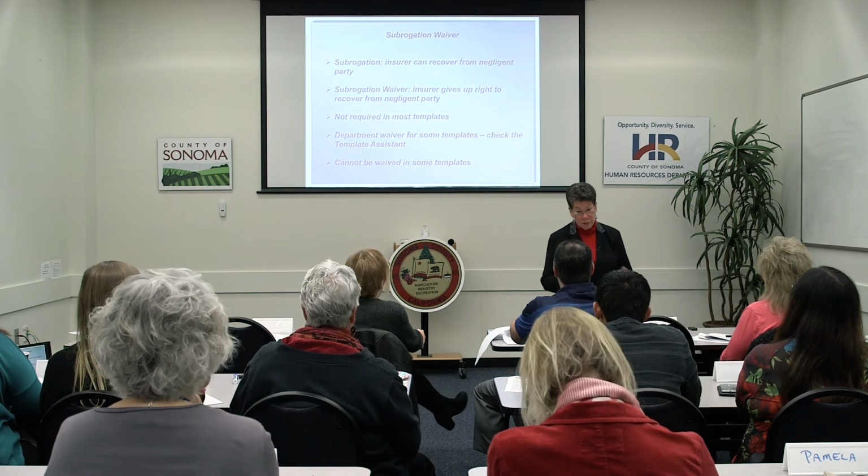Sometimes instead of subrogation, the terminology is called transfer of recovery rights. The basic concept is, when the claim is covered by the policy, the insurer is going to go out and pay the claim.